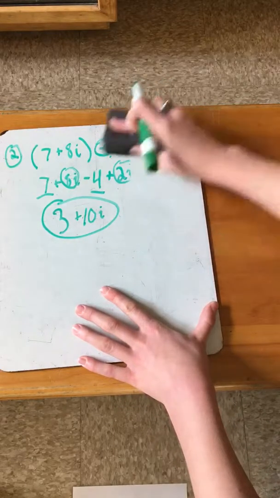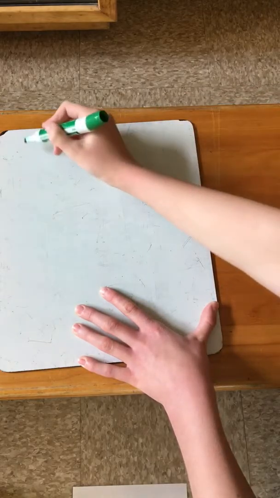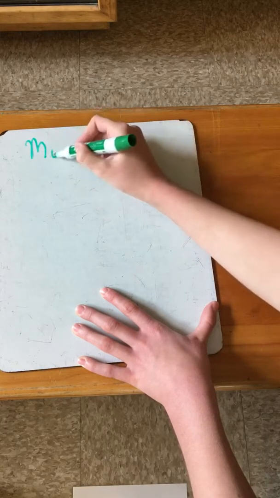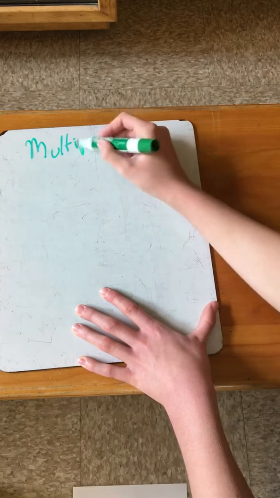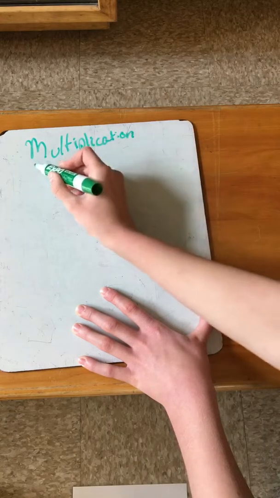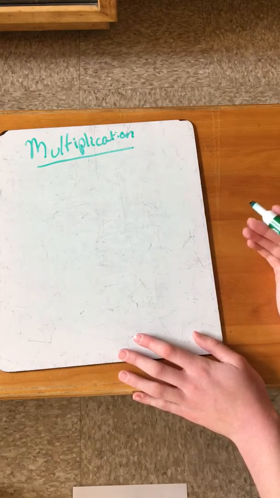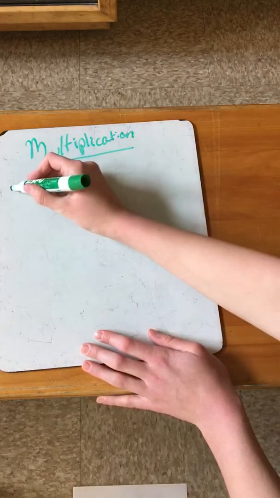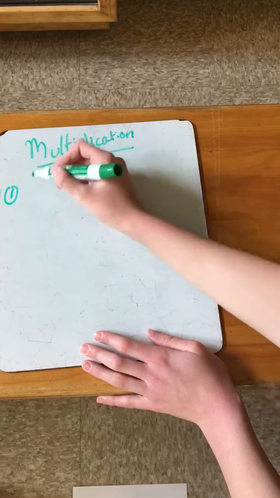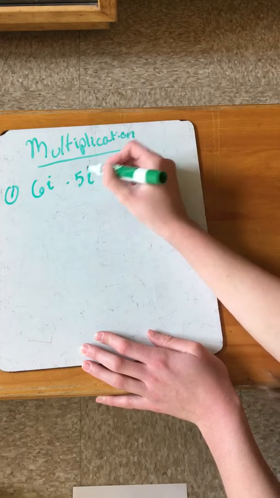Next, we're going to move on to multiplication. It's pretty similar to addition, but it's a little bit different, especially with i as they have exponents. So first example is going to be pretty easy. It's 6i times 5i.